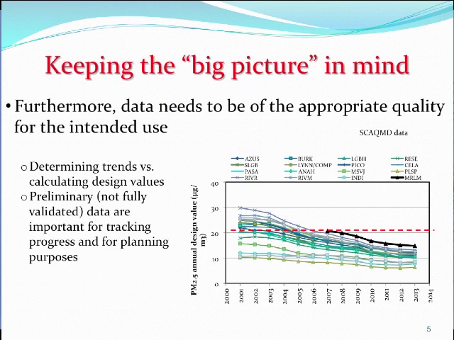So again, the other part about big picture is the quality of the data is important, and you try to define your data quality objectives beforehand and all that, but the intended use of the data really dictates the level of quality. And obviously if it's an attainment decision for PM 2.5 or ozone, attainment versus non-attainment, it obviously has to meet every QA requirement, highest data quality.